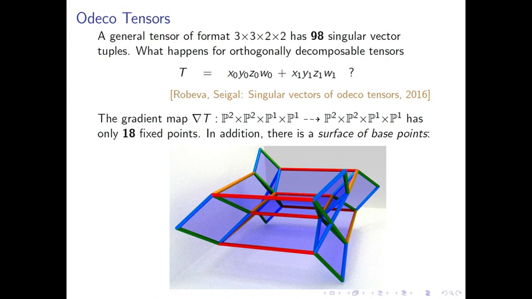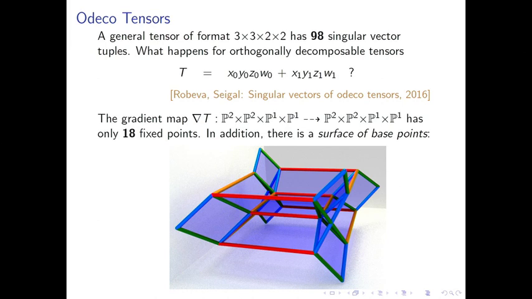x0 y0 z0 w0 plus the corresponding thing with index 1. Now these unknowns are homogeneous coordinates on 4 projective spaces. Corresponding to this, we now have a self-map of P2 times P2 times P1 times P1 into itself. P2 is the projective plane with 3 blue homogeneous coordinates x0, x1, x2.